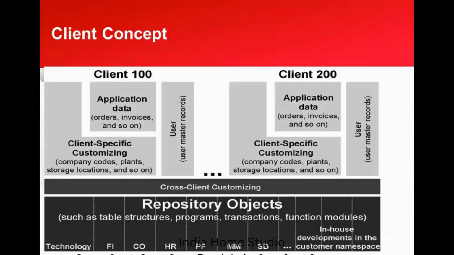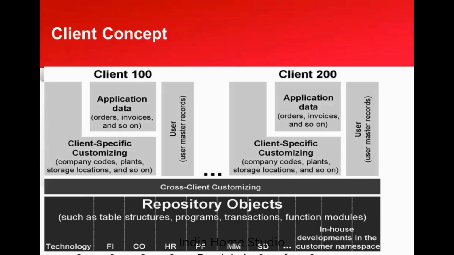And in this figure I am showing two different clients, client 100 and client 200, and at the bottom you can see there is cross-client customizing. You have the repository objects, like tables, structures, programs, transactions, function modules, and you have the different modules like FI, CO, HR, PP, MM, SD.